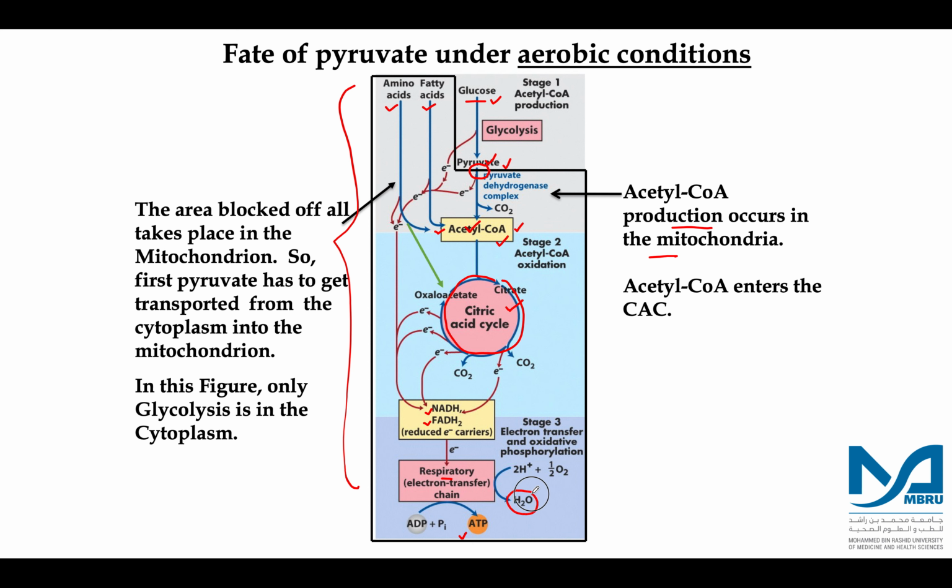So if someone asks you what is the terminal electron acceptor in glucose metabolism under aerobic situations, the answer is oxygen.